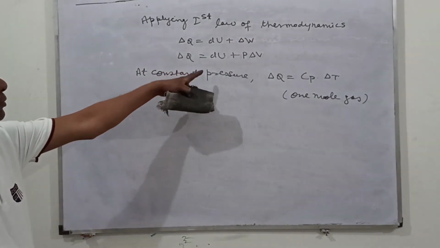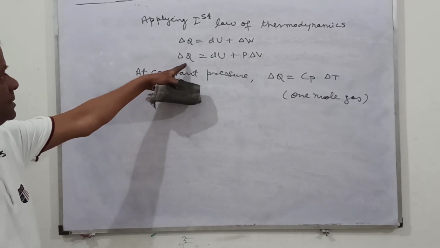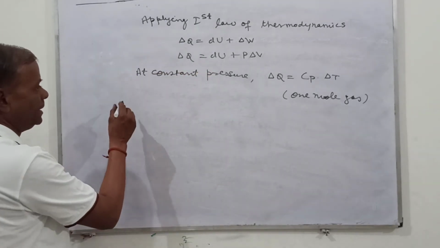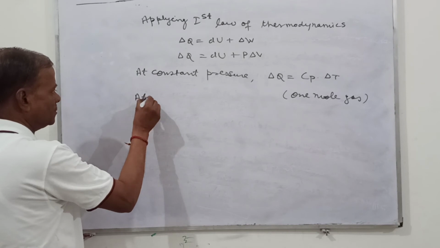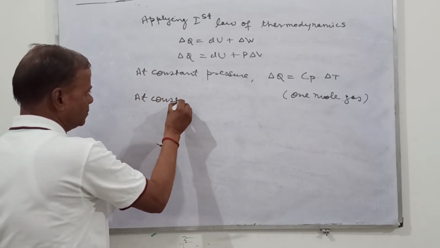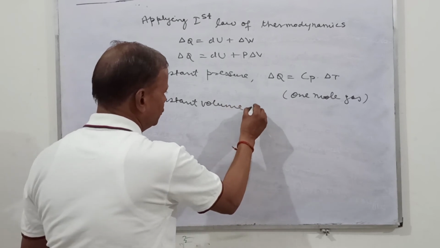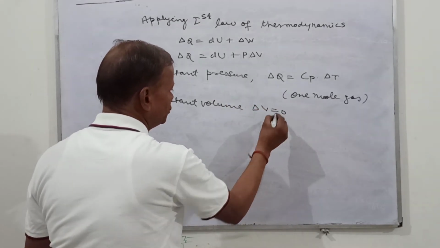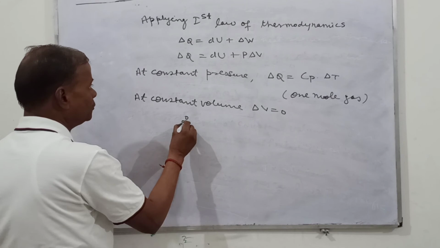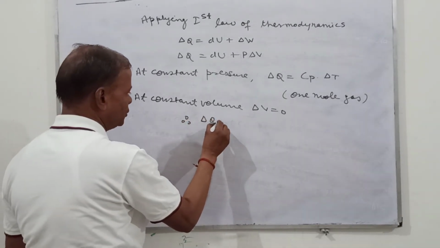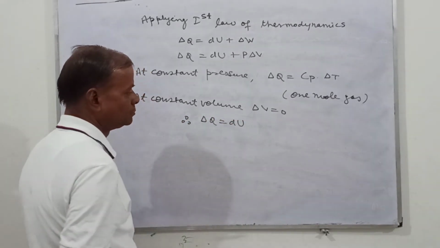At constant volume, delta V is equal to 0. Therefore delta Q is equal to dU.